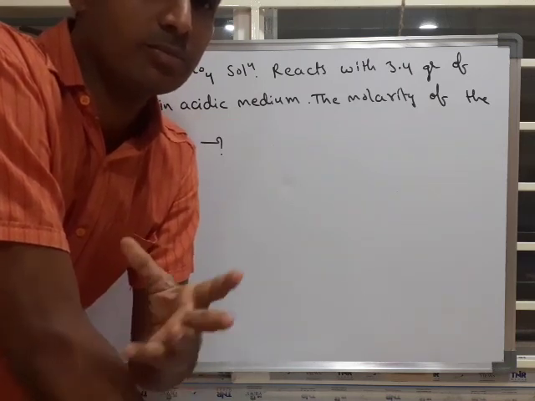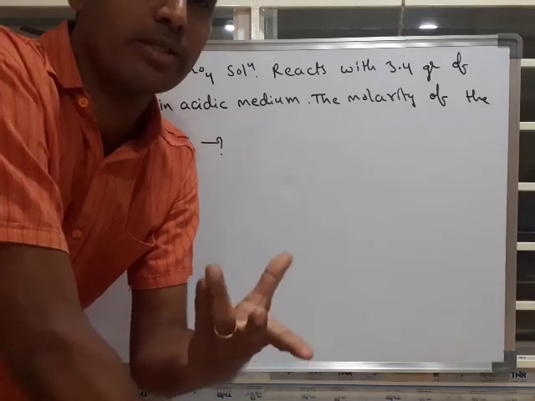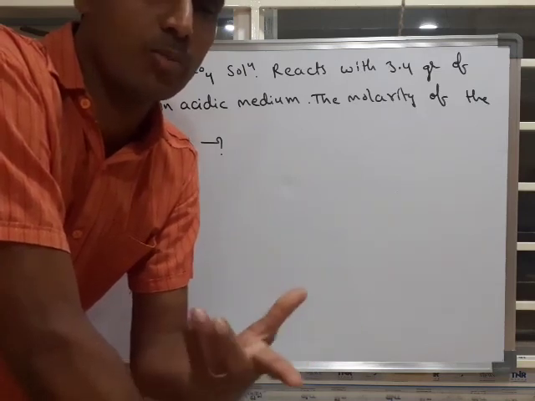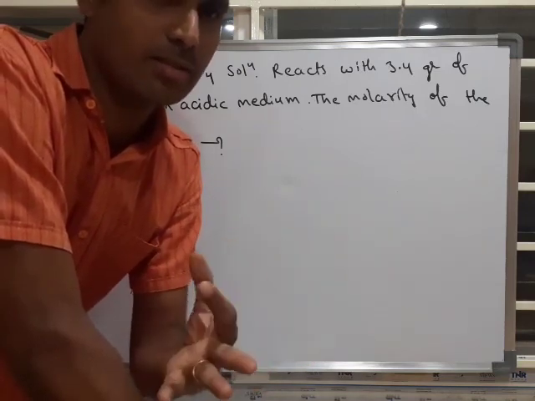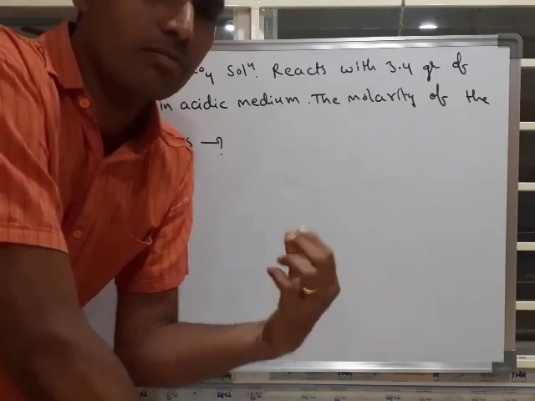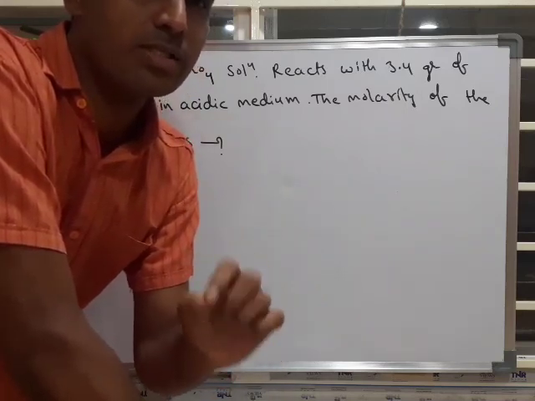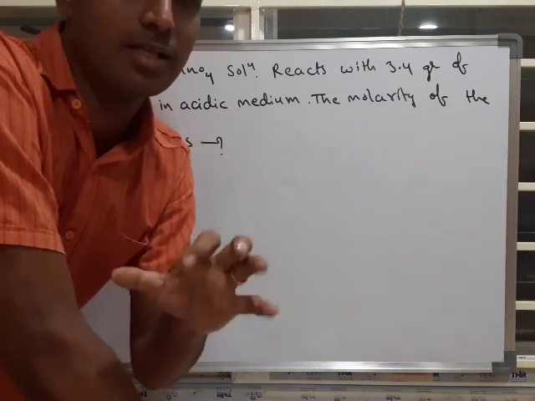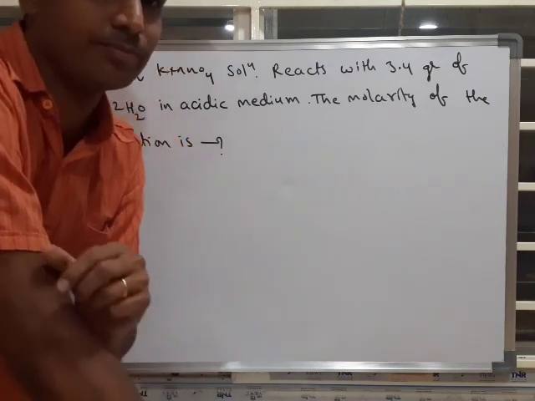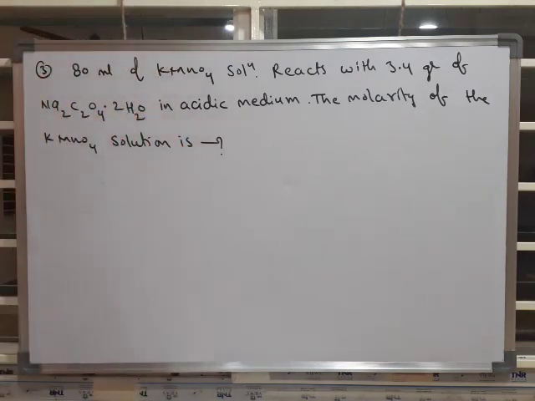You may leave the problems, or you may take the answer from others. That's why these are very important models, and that's why we are discussing them in class only. Okay, so take the problem.